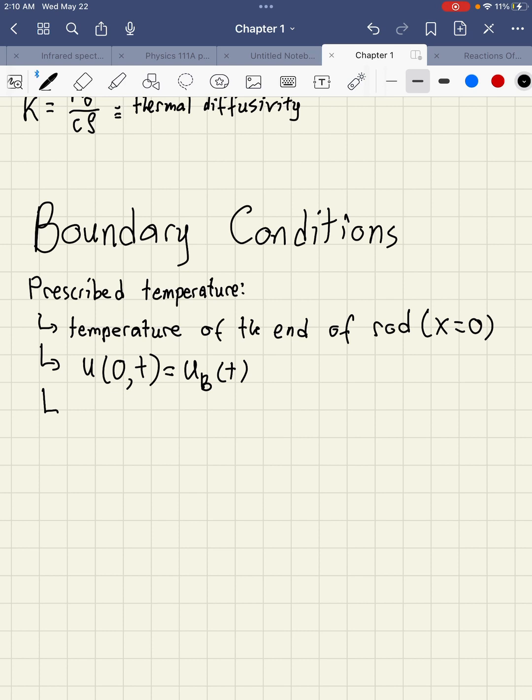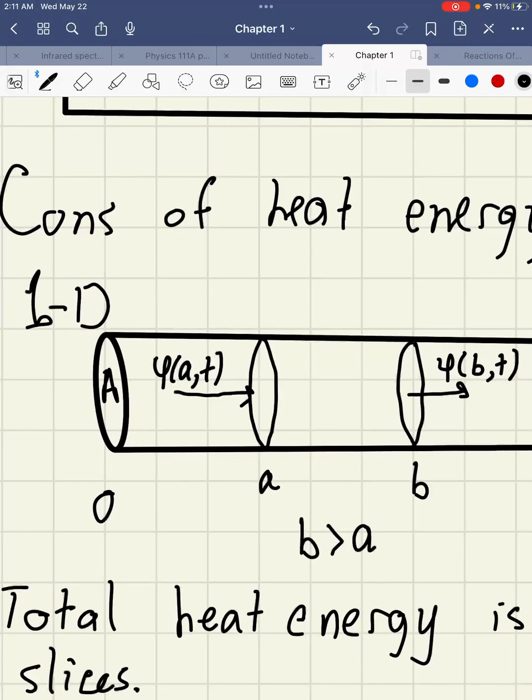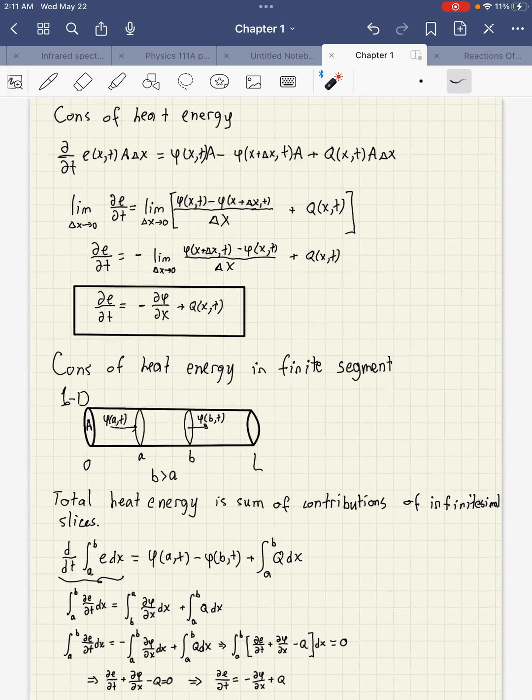So suppose we put our one-dimensional rod in a fluid bath, right? And so there's a temperature difference. Let's say the fluid has a higher temperature than the one-dimensional rod. So the boundary is this boundary. At this boundary, we can approximate our temperature using the temperature of whatever fluid our rod is in contact with.